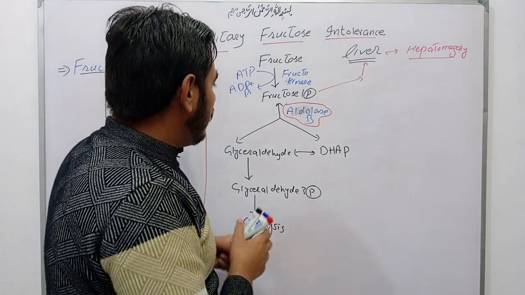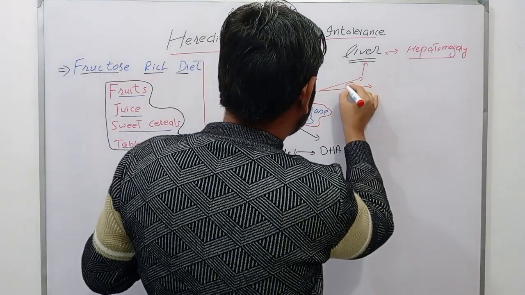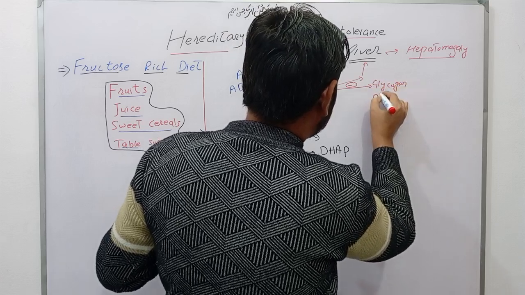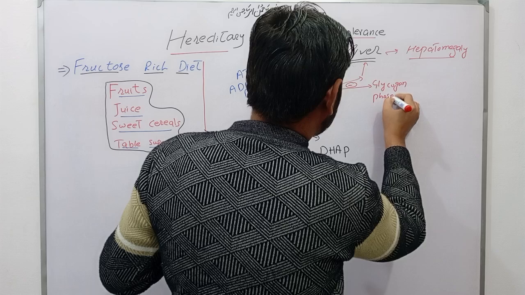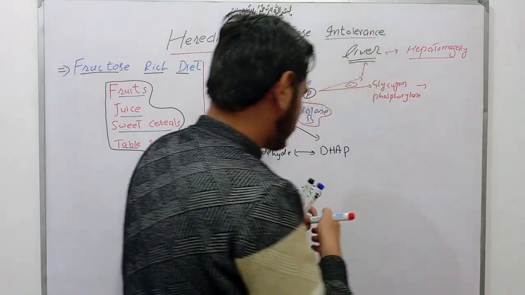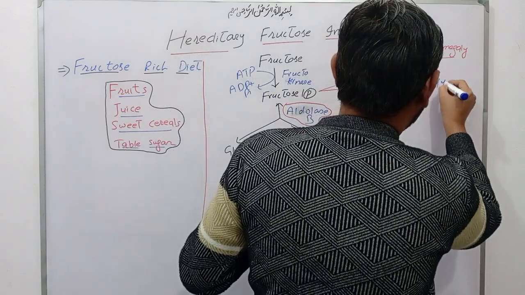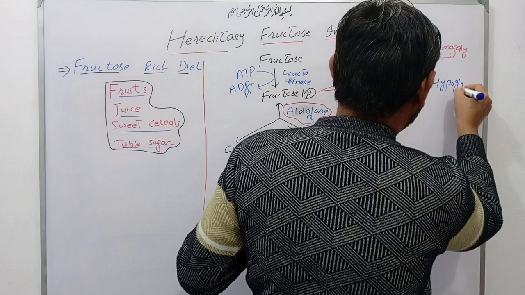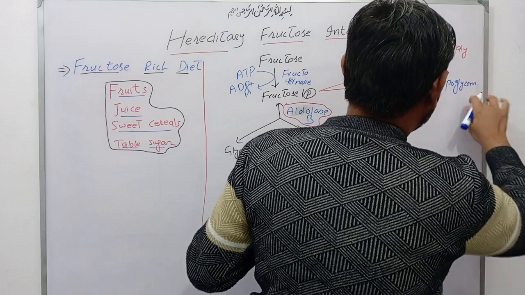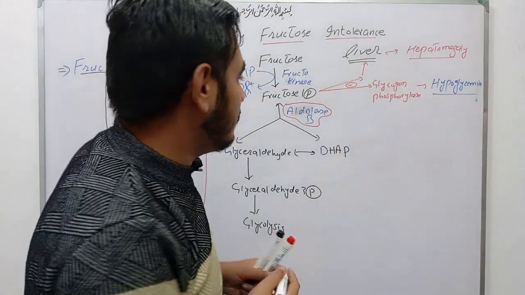Okay, and fructose 1-phosphate also inhibits the glycogen phosphorylase enzyme, which is an important enzyme of glycogenolysis, and ultimately there is hypoglycemia. Hypoglycemia means decreased concentration of glucose in the blood.